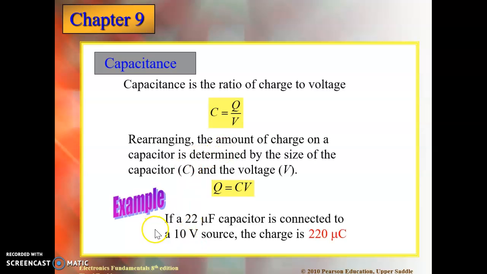In the example, a 22 microfarad capacitor is connected to a 10 volt source. What is the charge? We just multiply the capacitance times the voltage, and we get 220 microcoulombs. Pretty straightforward formula.